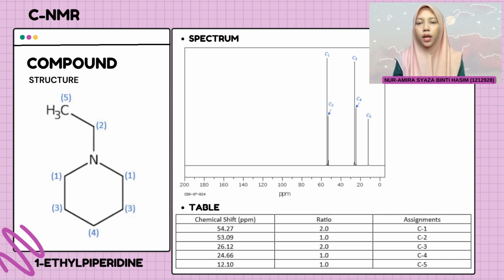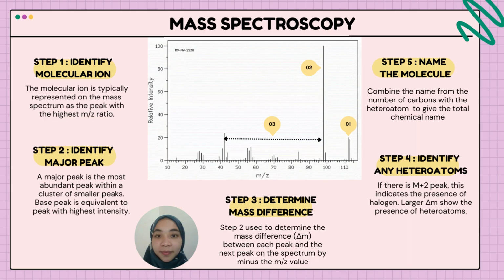So that's why carbon 3 has a chemical shift of 26.12 ppm, which is higher compared to carbon 4, which is 24.66 ppm. Lastly, for carbon 5, the value is 12.10 ppm, which is shifted to the upfield region and has a lower chemical shift value because it is more saturated.